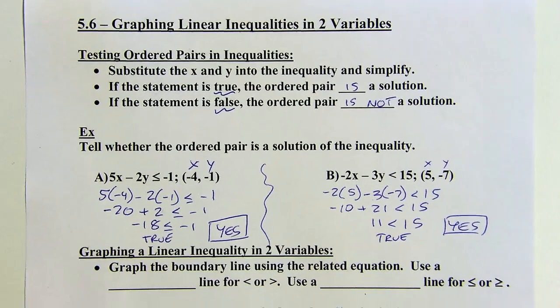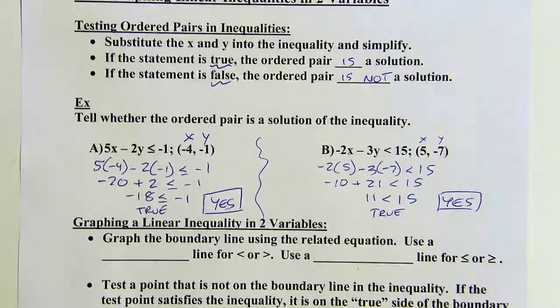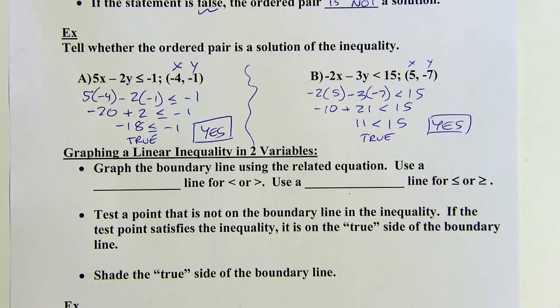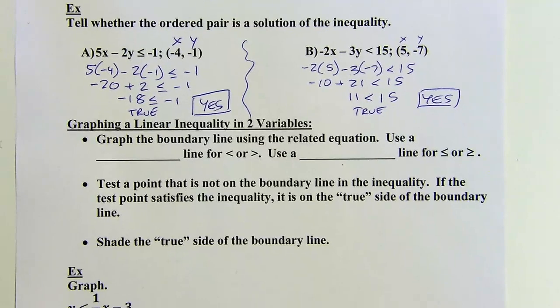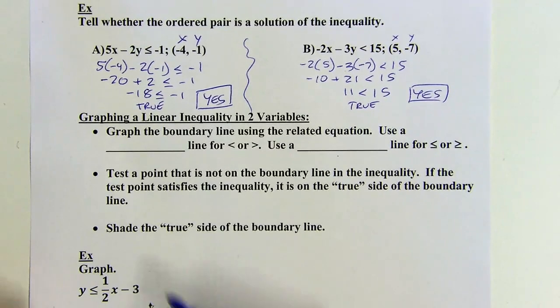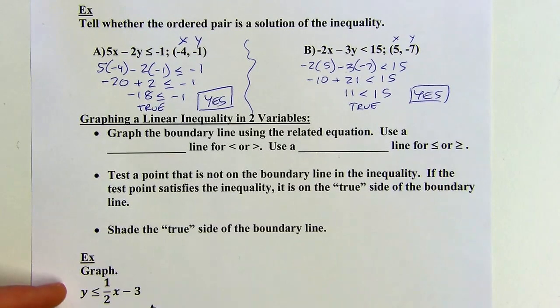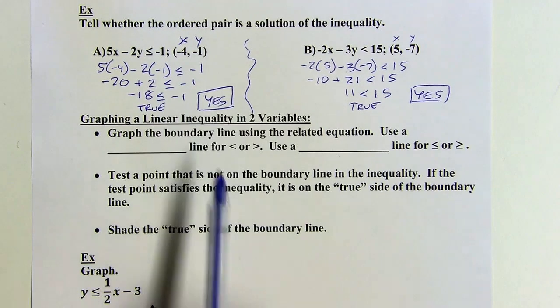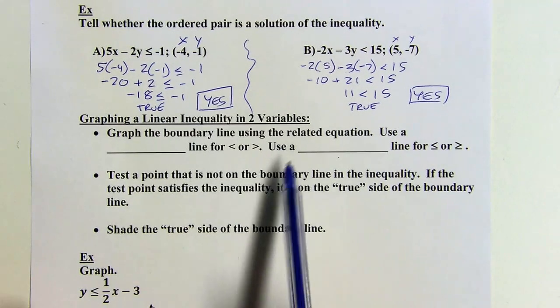So next, let's look at graphing a linear inequality in two variables. Okay? So this is what's going to happen on this problem down here. We're going to be graphing this inequality, and part of it's kind of similar to graphing the line y equals 1/2 x minus 3. Okay, so I'm going to graph the boundary line using the related equation.